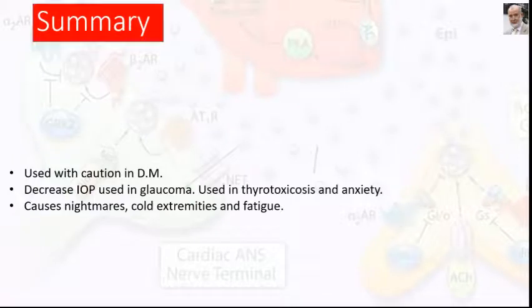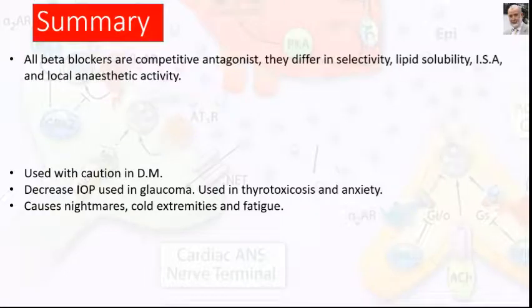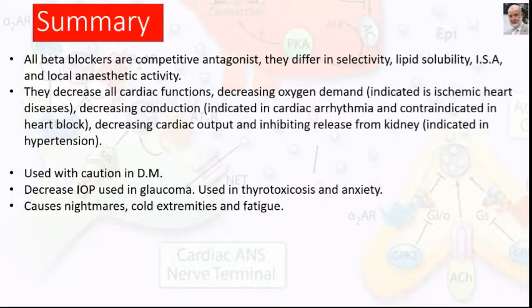So, in summary of what we have discussed today, we will say that all beta blockers are competitive antagonists. They differ in their selectivity, lipid solubility, intrinsic sympathomimetic activity, and local anesthetic activity.